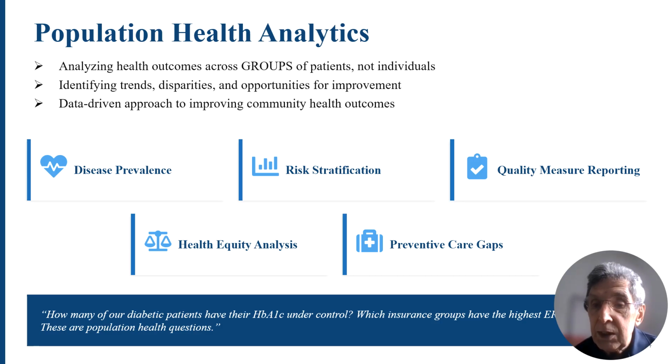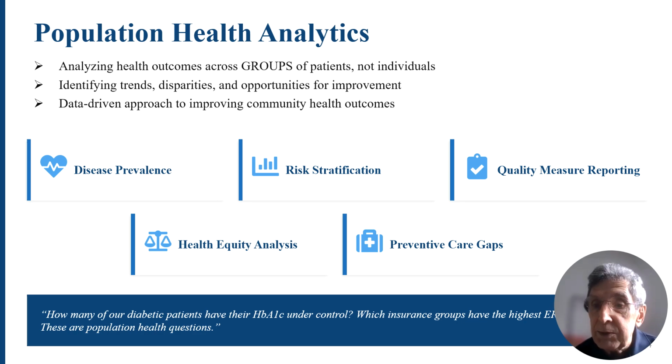Then health equity analytics looks at whether outcomes differ across racial, ethnic, socioeconomic, or insurance groupings. And preventive care gap identification finds patients who are overdue for screenings or vaccinations.